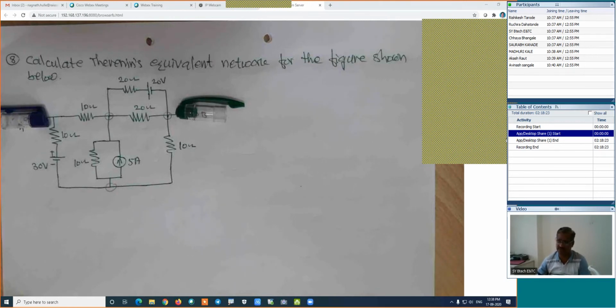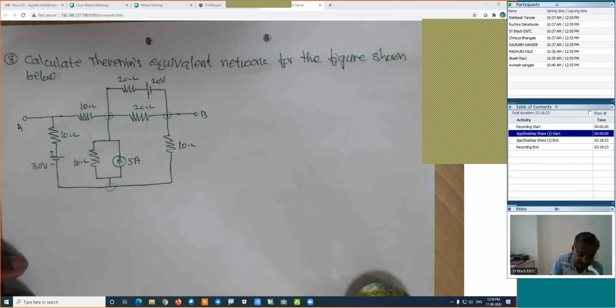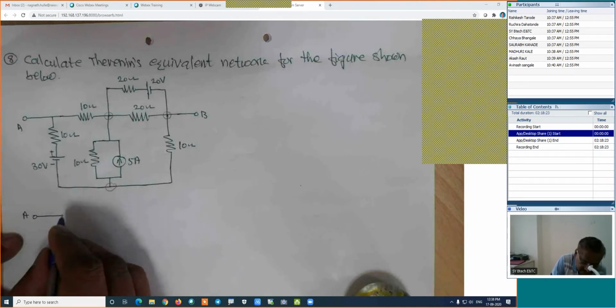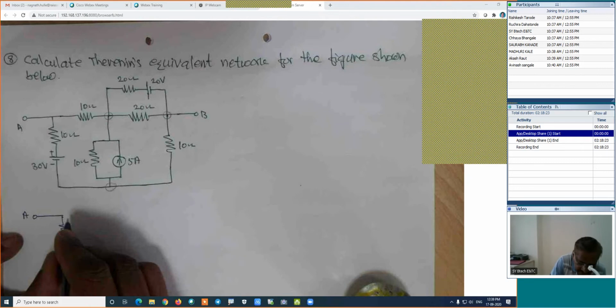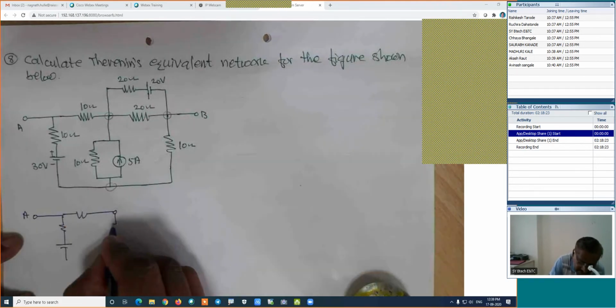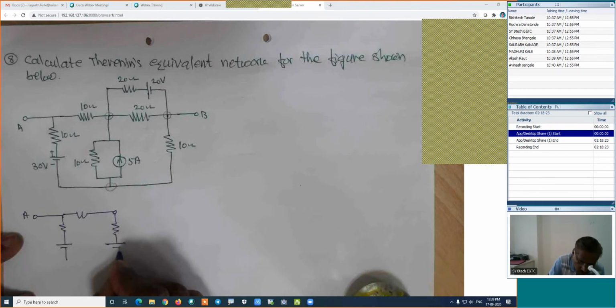Okay, fine. We will convert this figure. Now here is the point A. This is the 10 ohm. This is plus minus this point. Yes, I will convert this to the voltage source.